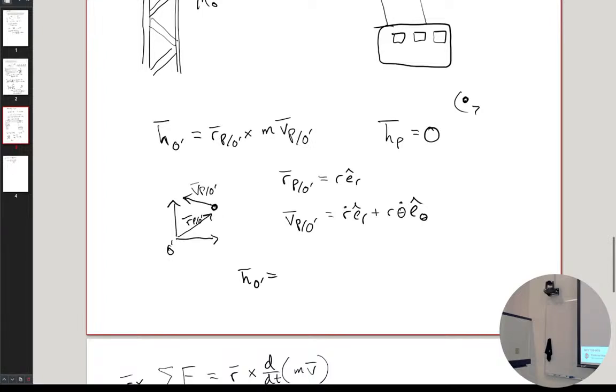Yeah, you just do one at a time: E_r cross E_r goes down to 0, and then E_r cross E_theta. It's the same as if you had X crossed with Y, because they're both 90 degrees to each other. So we end up with a unit vector 90 degrees to both of them.